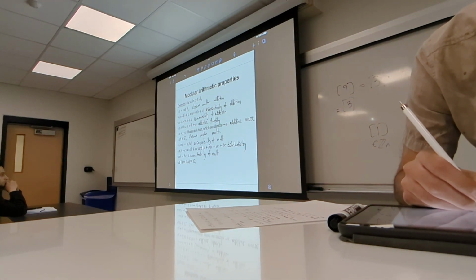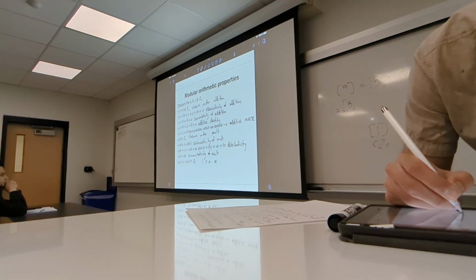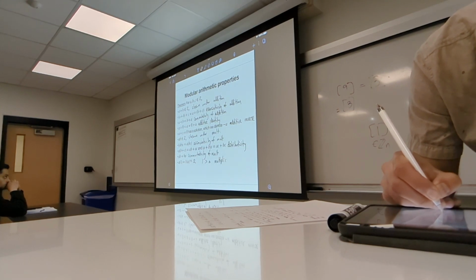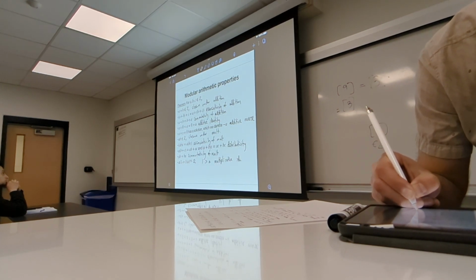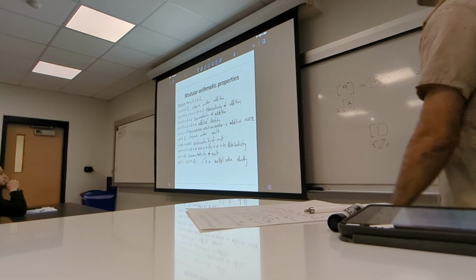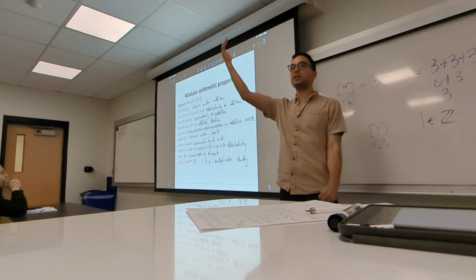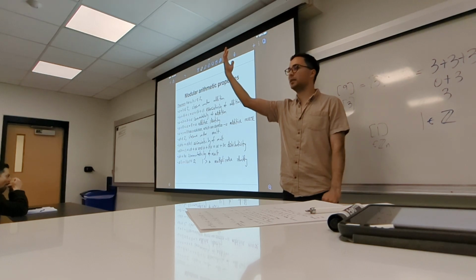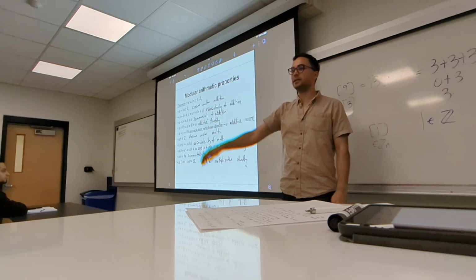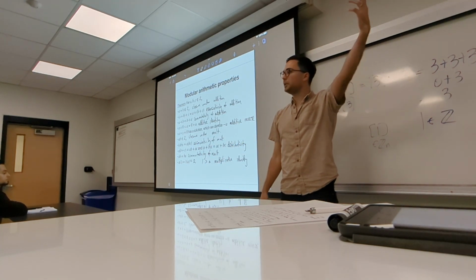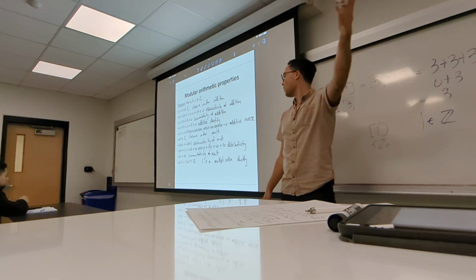Call this 1 a multiplicative identity. Awesome. So the additive identity is the quantity you add to an element to get that element back identically. The multiplicative identity is the quantity you multiply by to get that quantity back identically.